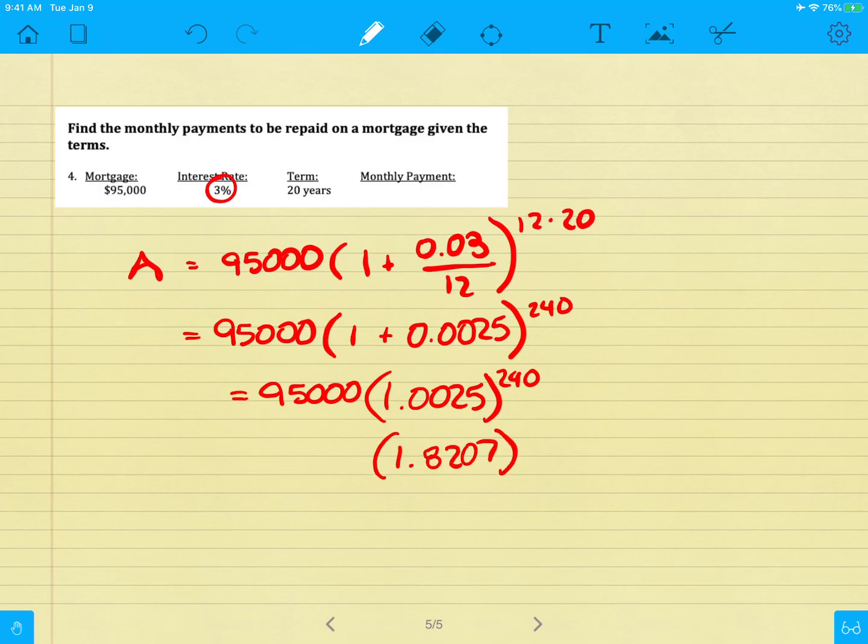And we're going to take this times $95,000. So times $95,000. This is $172,971.72. Not a $1,000,000 home. A very reasonably priced home.